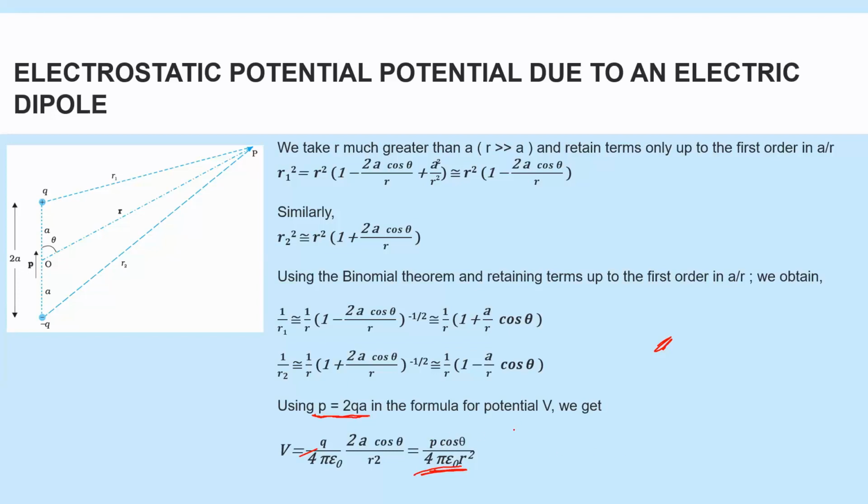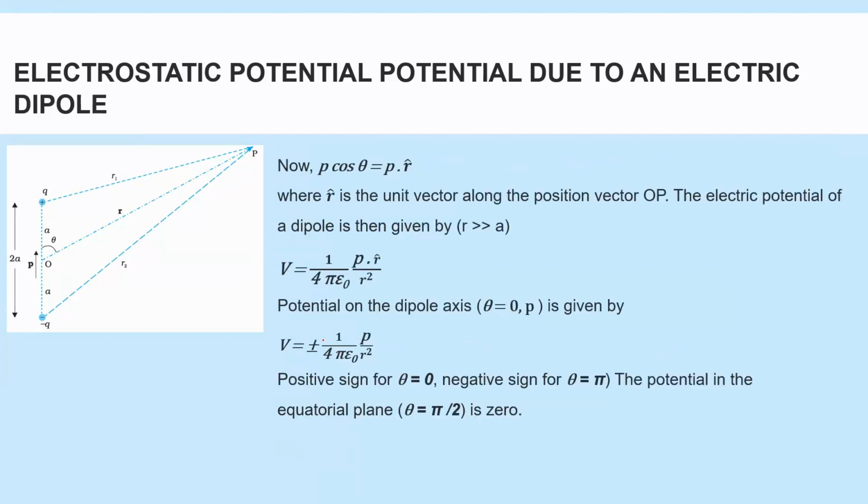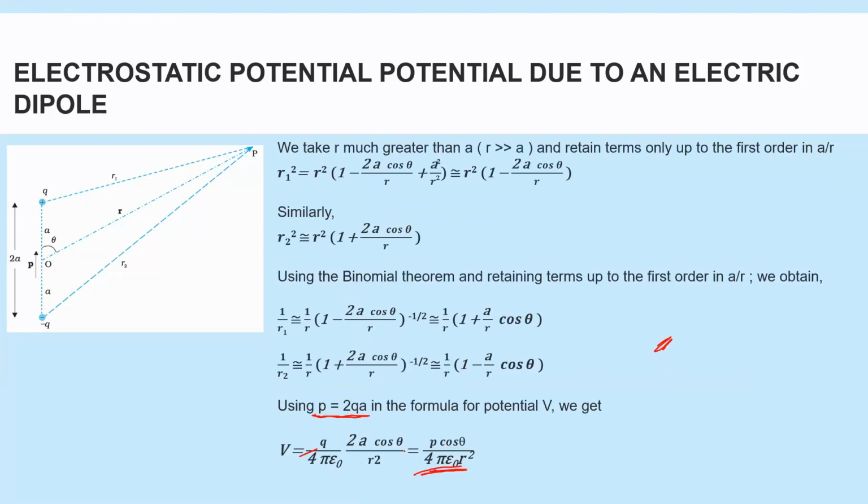This is the electrostatic potential that is equivalent to the work done in bringing a charge from infinity to point P in an electric field that is due to an electric dipole. Over here, the angle is also there, so this is angle dependent.